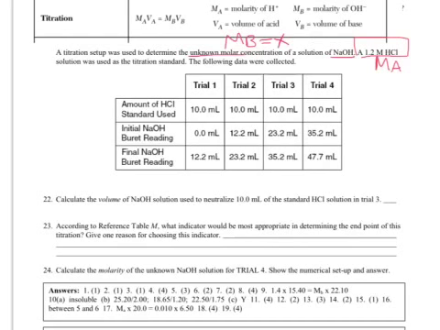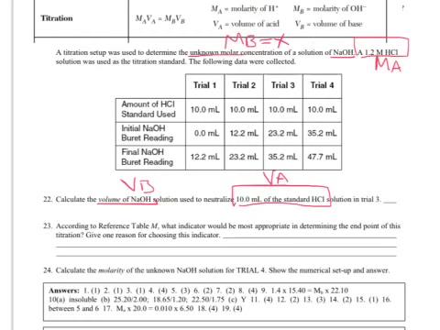Now, the first question asks us to calculate the volume of sodium hydroxide used to neutralize 10 milliliters of acid. So here we have our VA. So what we're looking for here is VB. So it initially appears that we have two X's, that we're looking for both MB and VB.